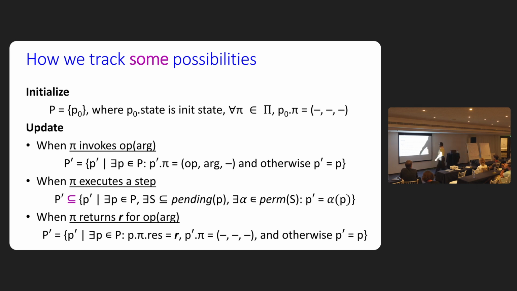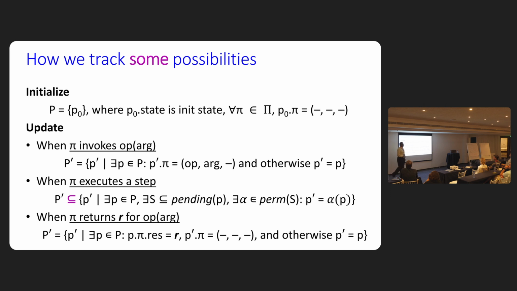That if you are returning R in some step, so you are returning X plus 1 here, and X plus 1 is not consistent with the result part of the possibility, then that possibility is thrown out. It's eliminated.